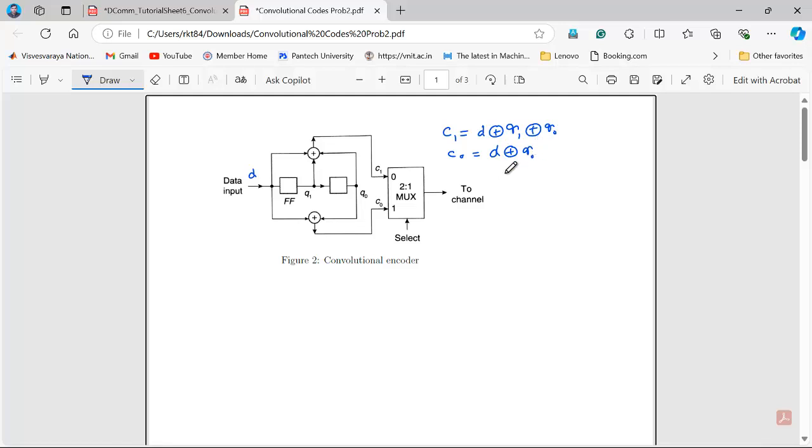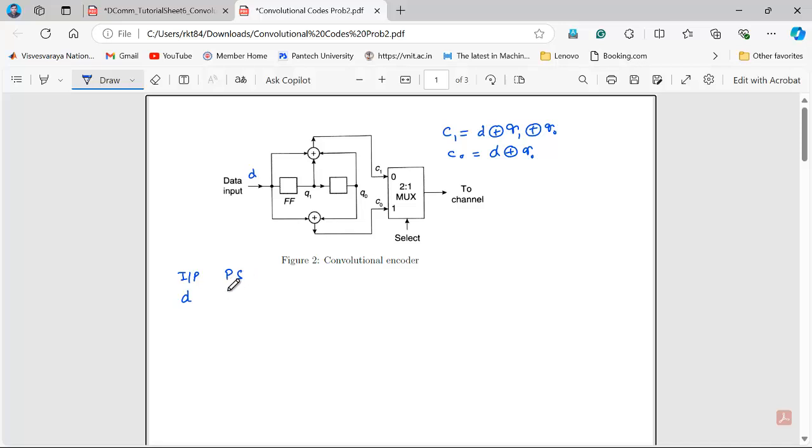Now we have the equations. With the help of these equations, you can form a table, and that table will help to draw the state diagram. For the table, I write input, which is represented by D, and present state. As in digital, whenever we have registers, we write the PS-NS table, so in the same way I'm writing.